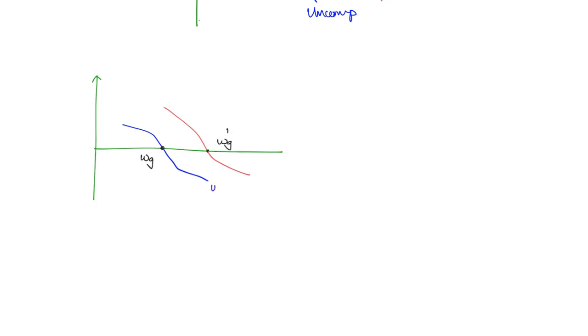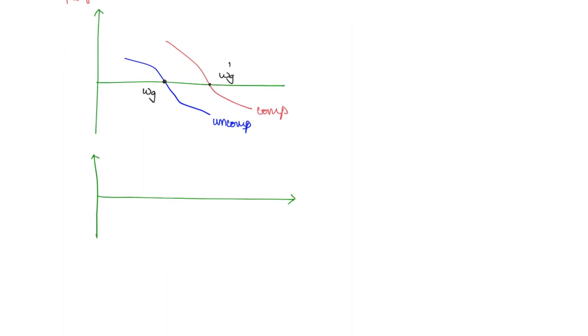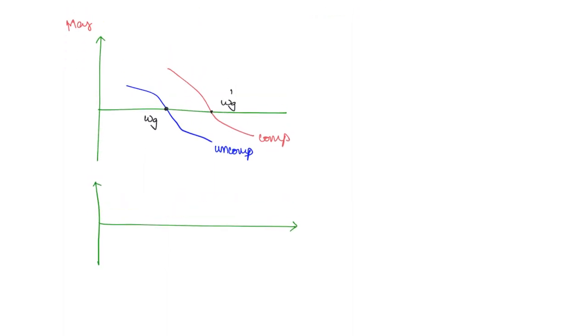You can write here uncompensated system, and this is the compensated system, and remember this is the magnitude Bode plot. Now if you draw the phase Bode plot, the uncompensated phase plot, let us say it is like this, and the compensated phase plot, say like this. So this is compensated and this is uncompensated.